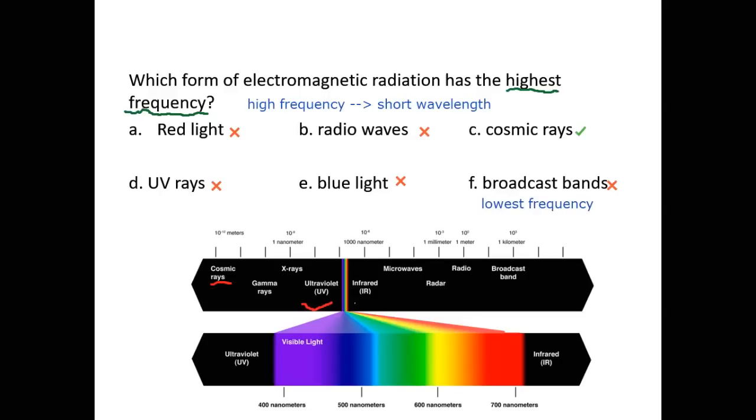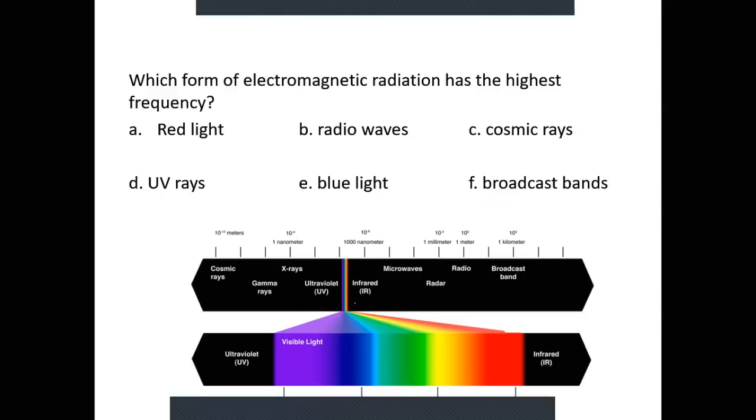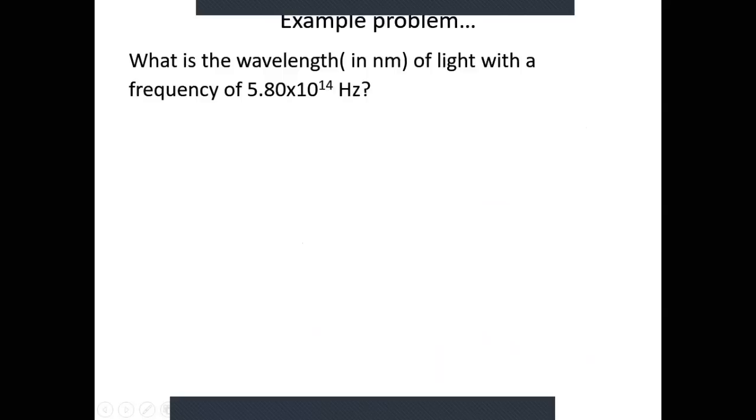Now let's look at another example. Here we want to know what's the wavelength in nanometers of light with a frequency of 5.8 times 10 to the 14th hertz. So again, what we should remember is that frequency and wavelength are inverse to one another.